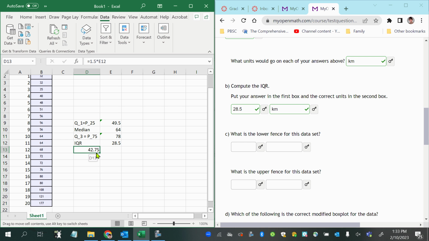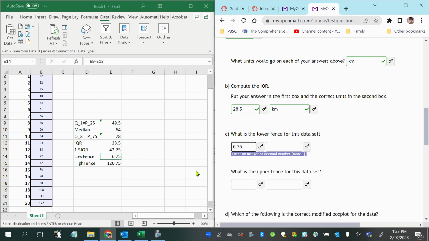I'm just going to label that as 1.5 times IQR. Now once you have that, you get the lower fence by taking your first quartile and subtracting that distance, and to get your high fence, you start at the third quartile and add the 1.5 times IQR. So these should be the values for the lower fence and the upper fence.